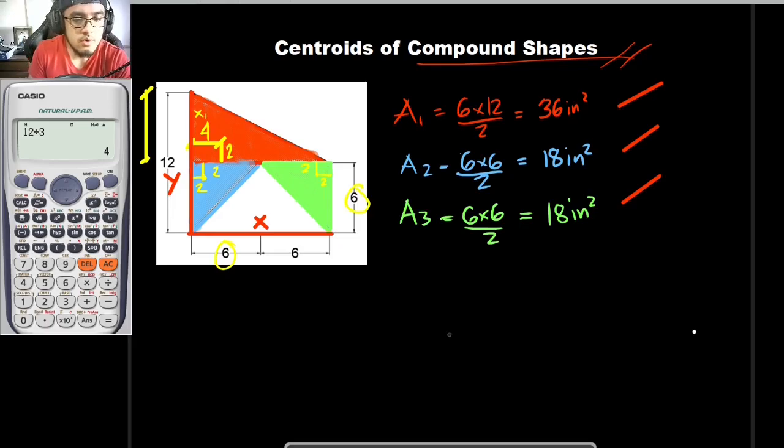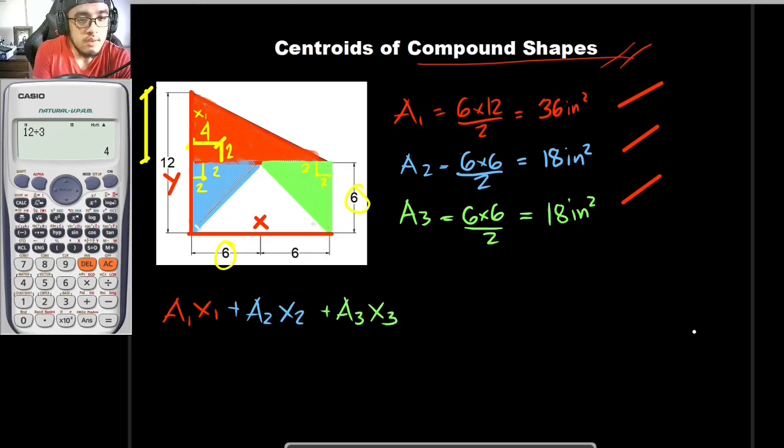So this is to be x1. For us to know the location of the centroid of this compound shape along the x-axis, we would now be getting the moment about this point right here, which is the origin. In area 1, the area of the triangle times the lever arm, which would be x sub 1, plus area 2 times x sub 2 plus area 3 times x sub 3.